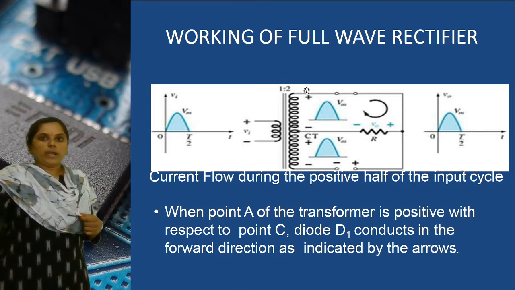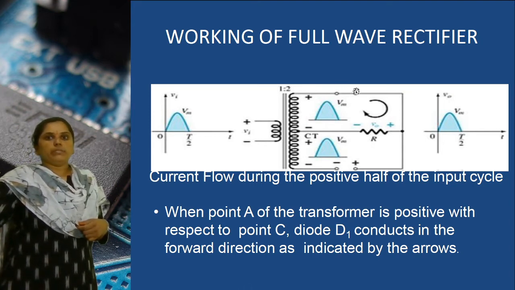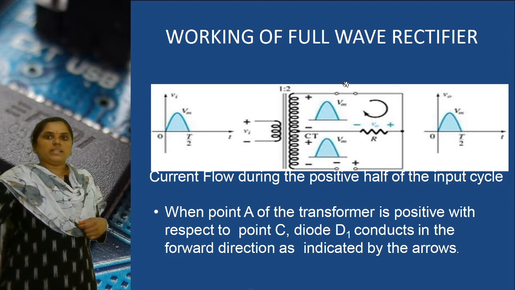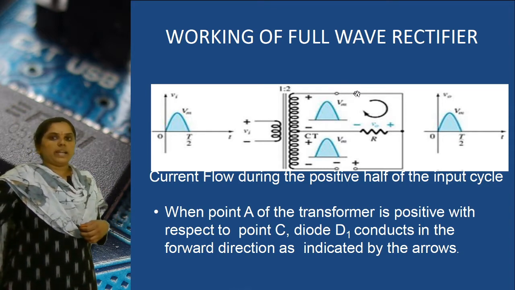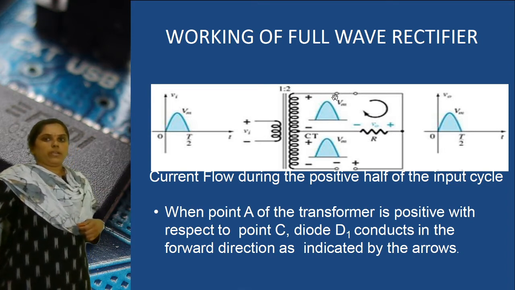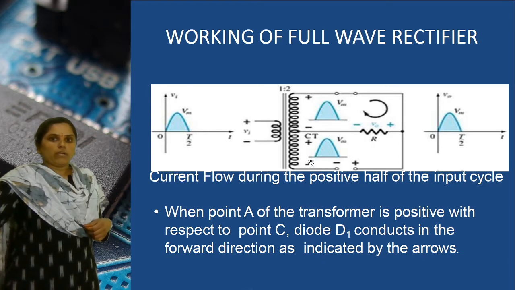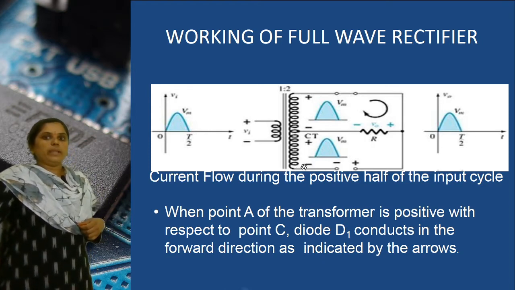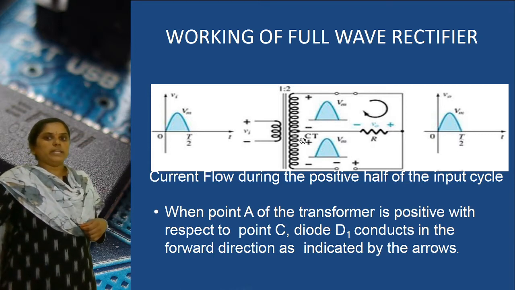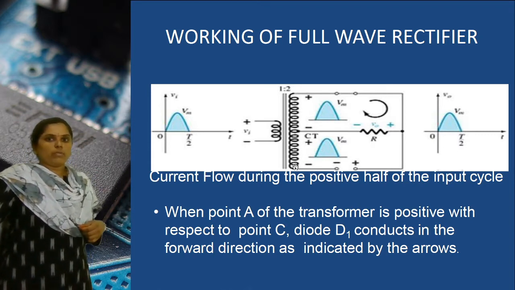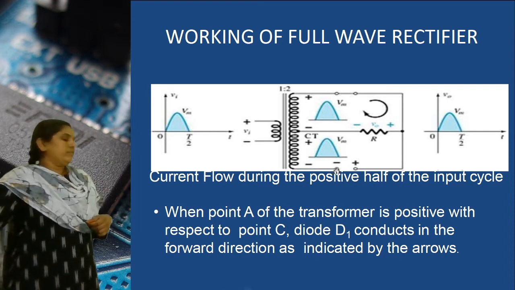When it is positive, the anode of the diode becomes positive with respect to the cathode. Then it is forward biased, and in forward biasing the diode acts as a short circuit, so current flows through this diode. Next, at point B there is a negative voltage with respect to point C, so the negative voltage is applied to the anode terminal of the diode.